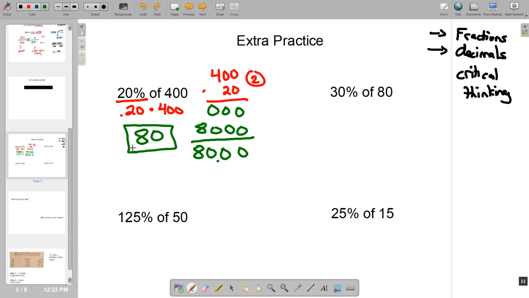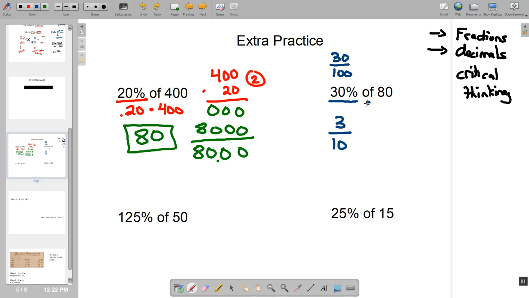So that's pretty straightforward. This one on the right, what I'm going to do is I'm going to use the fraction strategy with no critical thinking. So I'm going to do it the long way. So 30% is equal to 30 hundredths, which is equal to 3 tenths.